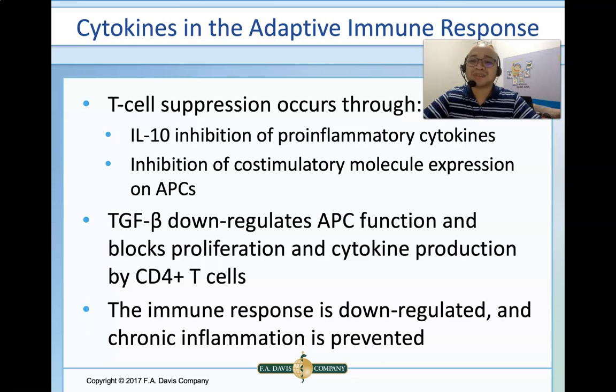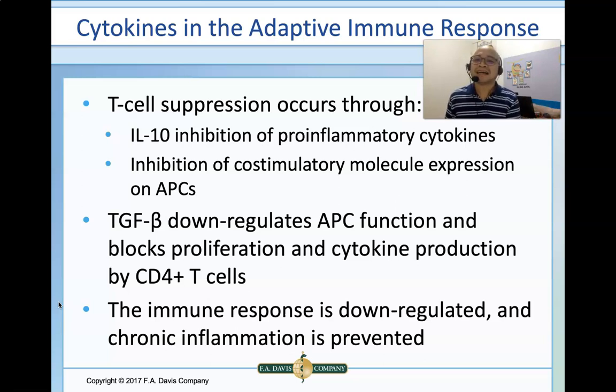Okay, T cell suppression also occurs through inhibition of co-stimulatory molecule expression on antigen presenting cells. So the first sub-bullet tells us that interleukin 10 indeed has a very important regulatory function.